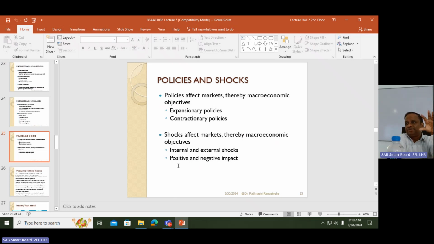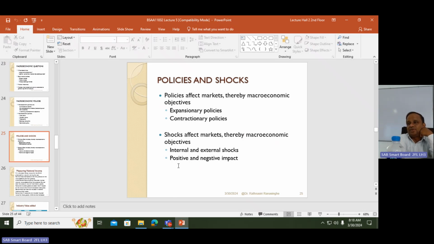Also, shocks can be positive or negative. Some shocks may generate benefits to the economy, and sometimes they may have a cost. If there is a drought, flooding, or landslides, there may be a cost. Some positive shocks are when we get benefits from external donations.